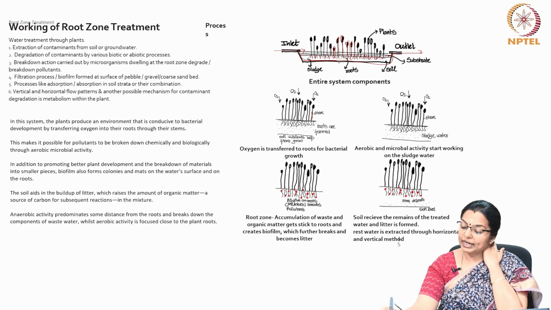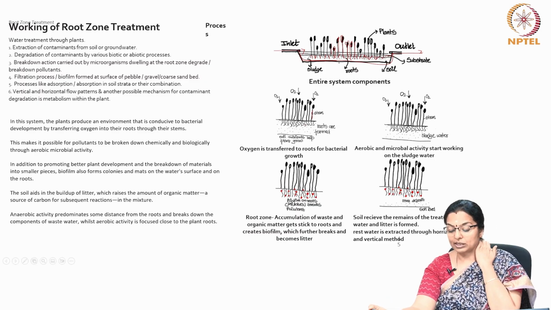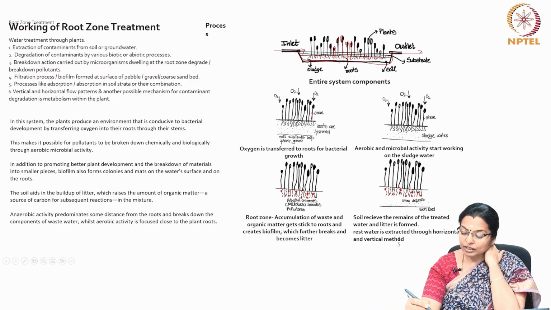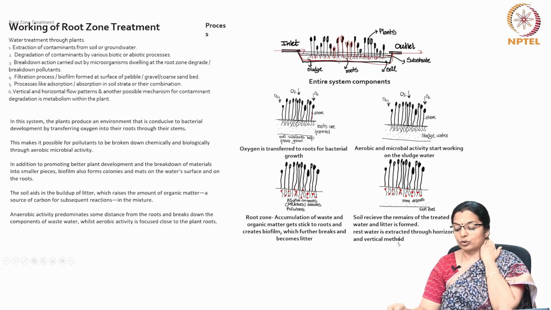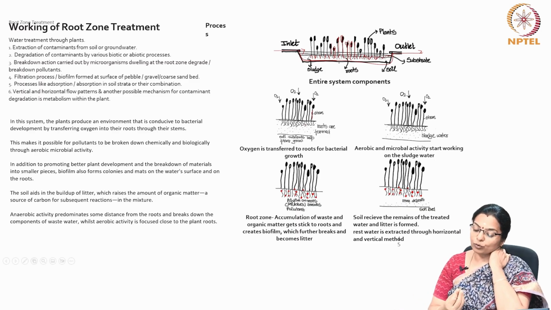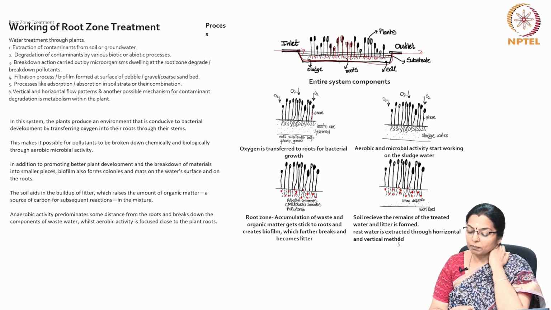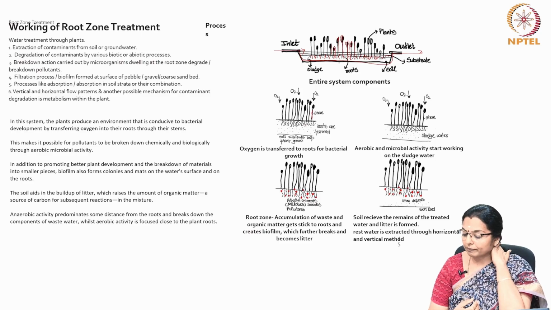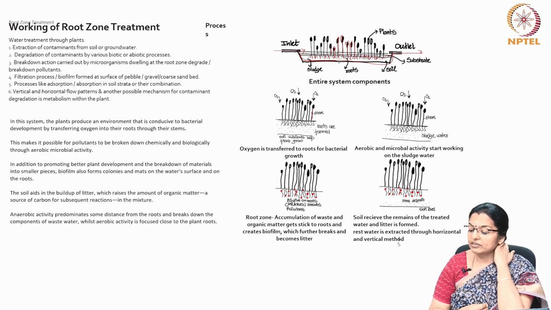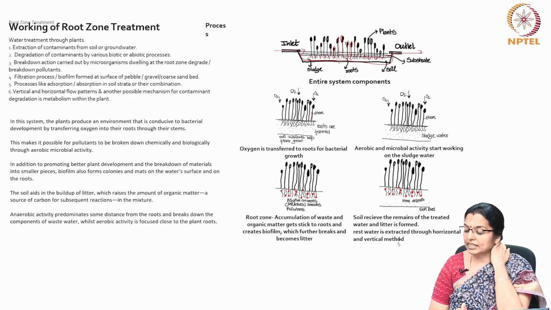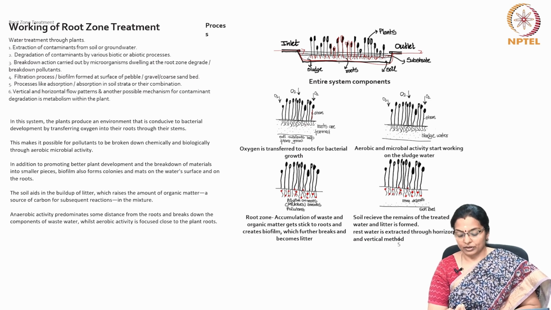Aerobic and microbial activities start working on the sludge water, and in the root zone accumulation of waste and organic matter gets stuck to the roots and creates a biofilm, which further breaks and becomes litter. So the soil receives the remains of the treated water and litter is formed. Rest of the water is extracted through horizontal and vertical method.